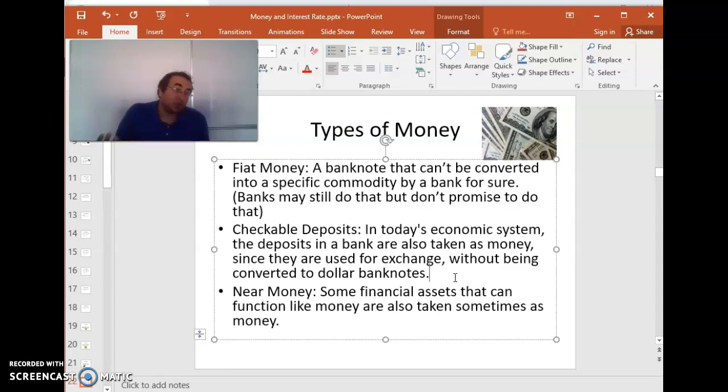You might think those deposits represent the paper money, fiat money in the bank. Not necessarily, because if the sum of checkable deposits in a bank is 100 Turkish lira, for example, the bank lends most of this money, 80, for example, 80 Turkish lira. So the actual value of the checkable deposits is not equal to the actual fiat money in the bank.